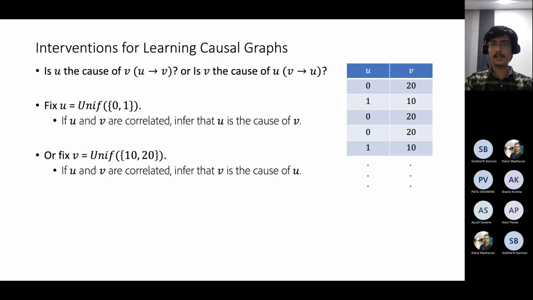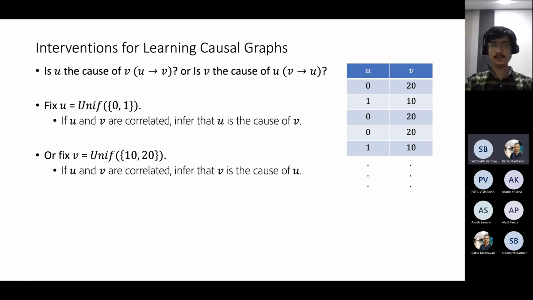Here I'm assuming there are no unobserved variables, so that either U is the cause of V or V is the cause of U, since they are correlated.